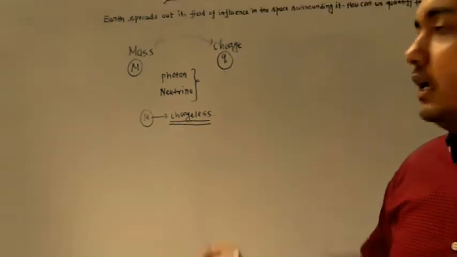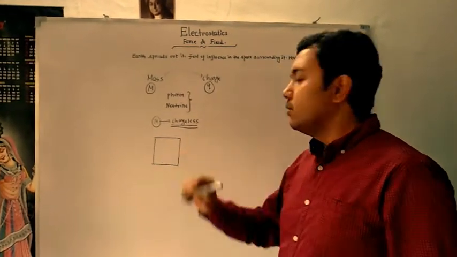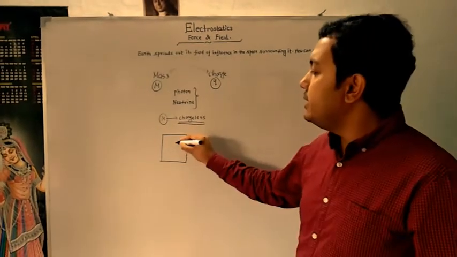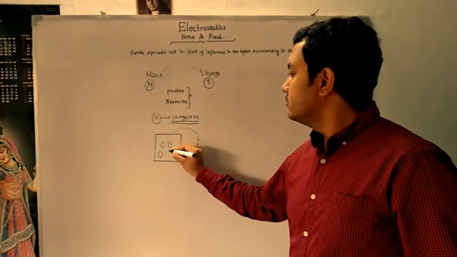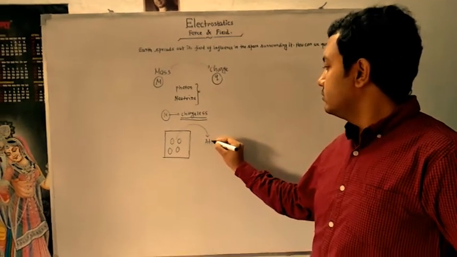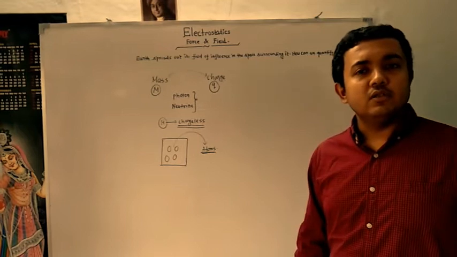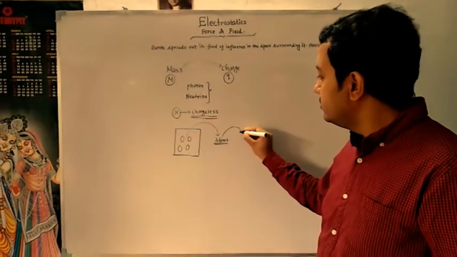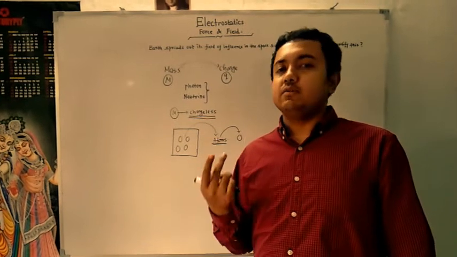If we consider any bulk matter, it consists of many atoms. And if we consider one of the atoms, there are electrons and protons, two charged particles.